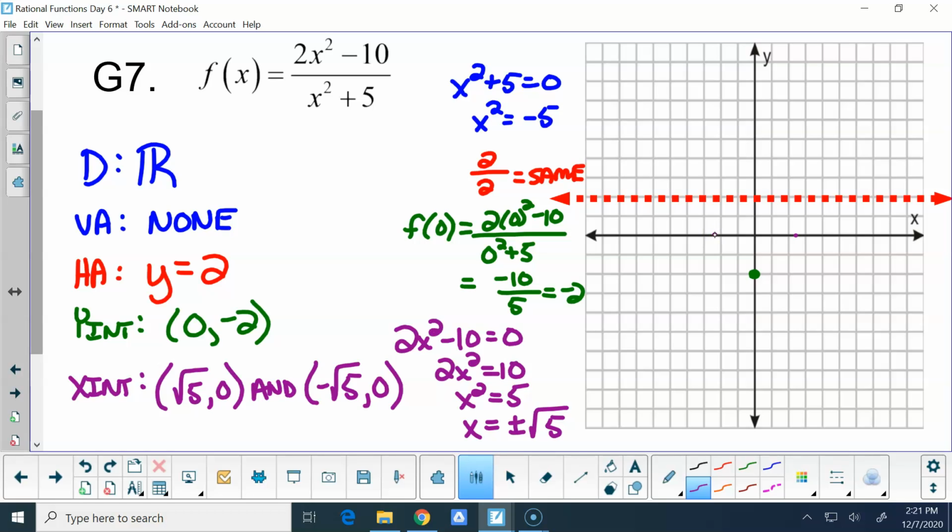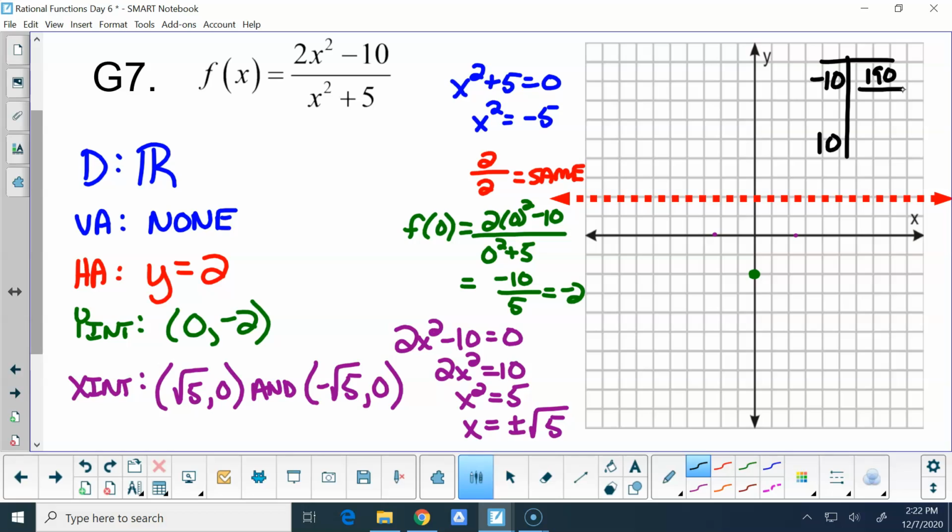Okay. Love it. We got basically one zone here. So let's just go. We got plenty of points in the middle, so let's go negative 10 here and positive 10. If I go negative 10, negative 10 squared is 100, times 2 is 200, minus 10 is 190.